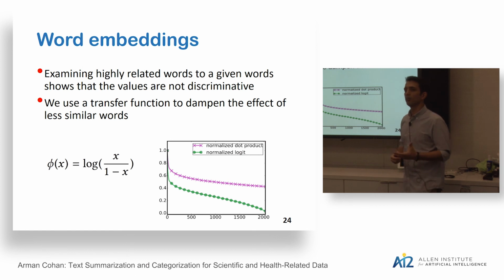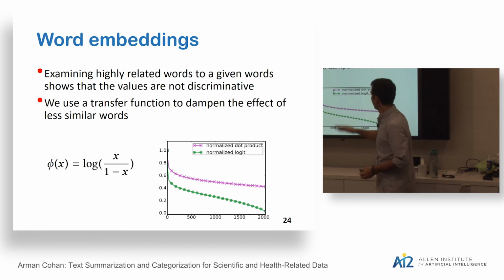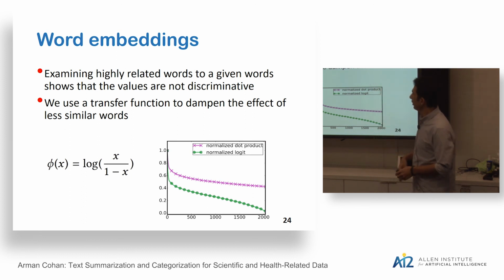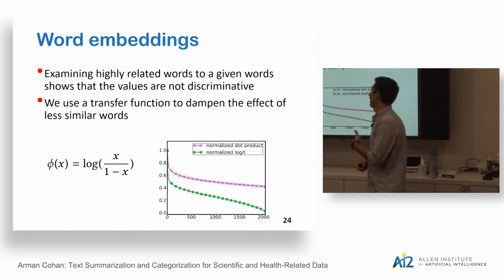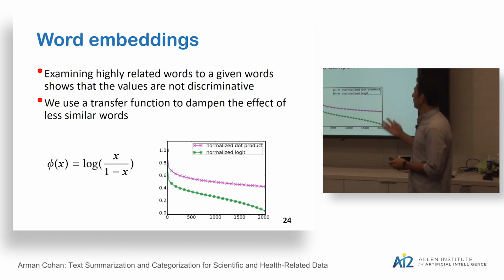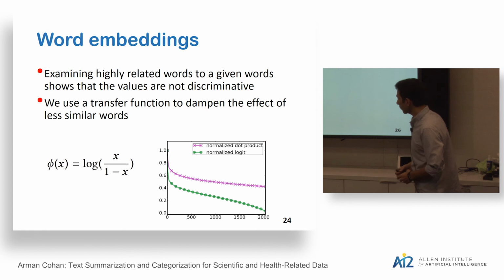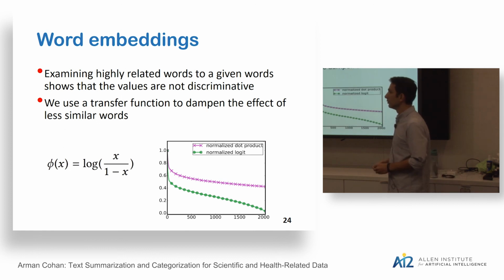In a retrieval model, we want only the top similar words to have high similarity values and then drop down as we move on. And this transfer function, which is a logit function, gives us this characteristic. So we use this to dampen the effect of less similar words. So X is the original similarity? Oh, X is the similarity value, yeah.